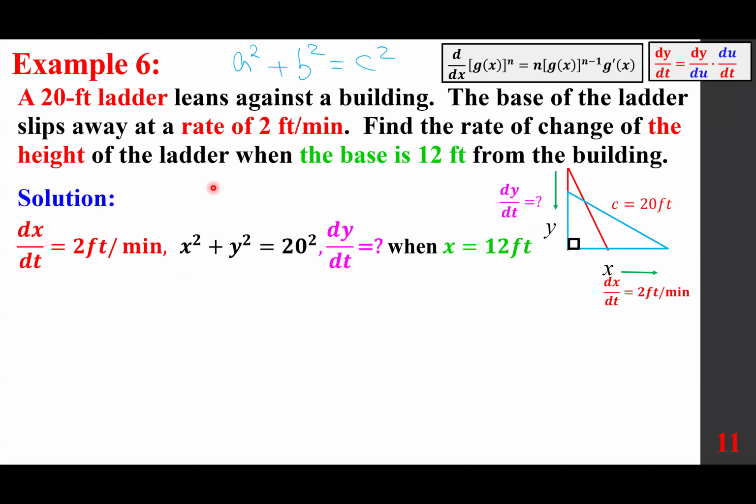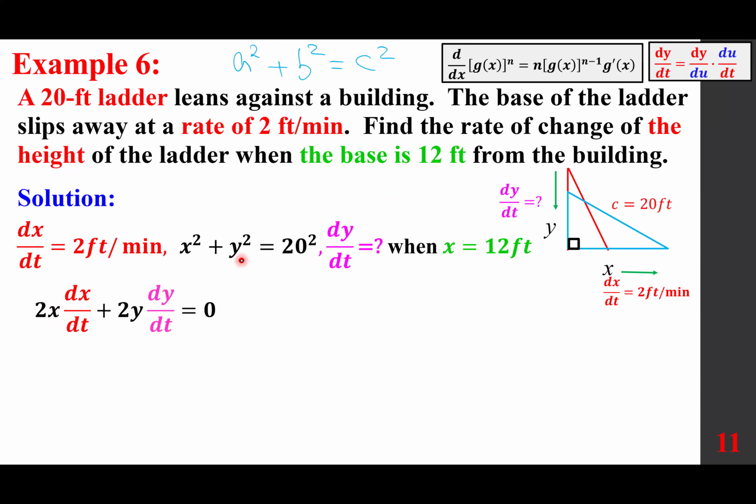We're going to differentiate this: 2x dx/dt plus 2y dy/dt equals 0, because any number results in 0 when you differentiate. So we want to find dy/dt when x is 12. We have the x, we have the dx/dt, but what is y when x is 12?